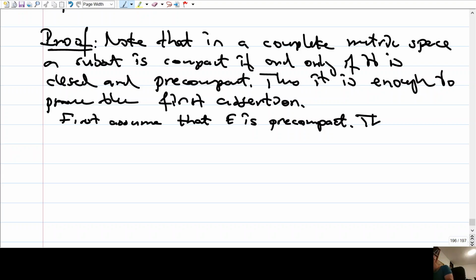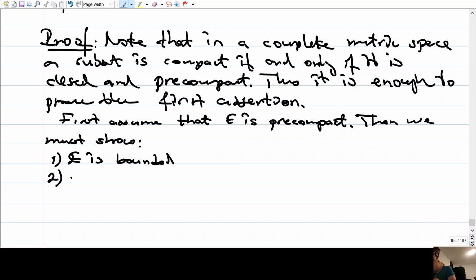Then we must show two things. First, E is bounded, and second, E is equicontinuous.